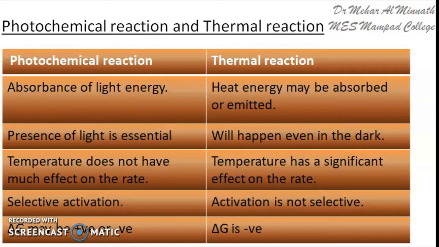They are sensitized, and collisions happen and all those things. And then the chemical reaction happens. But in photochemical reaction, it's not necessary that all the reacting molecules will be activated. Even if a molecule gets activated, it's not necessary that the whole molecule has to be activated.